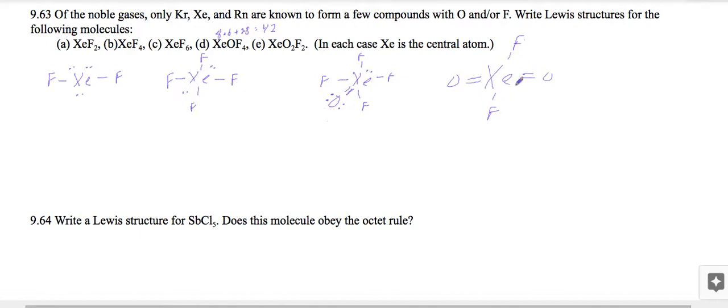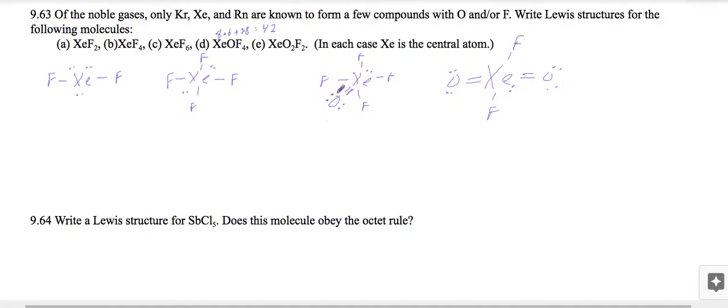We have 8 for the xenon, and then we have 1, 2, 3, 4, 5, 6, 7. 1, 2, 3, 4, 5, 6, 7, 8 on the xenon. And then we can do the same work with the oxygens and see the formal charges on those would equal 0. So that is that one there.